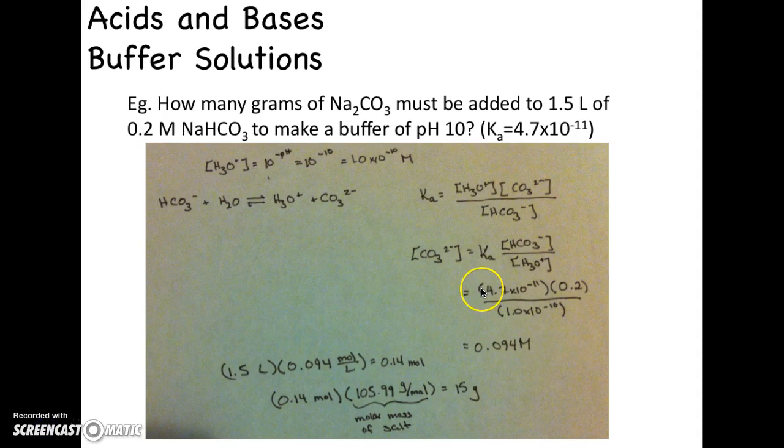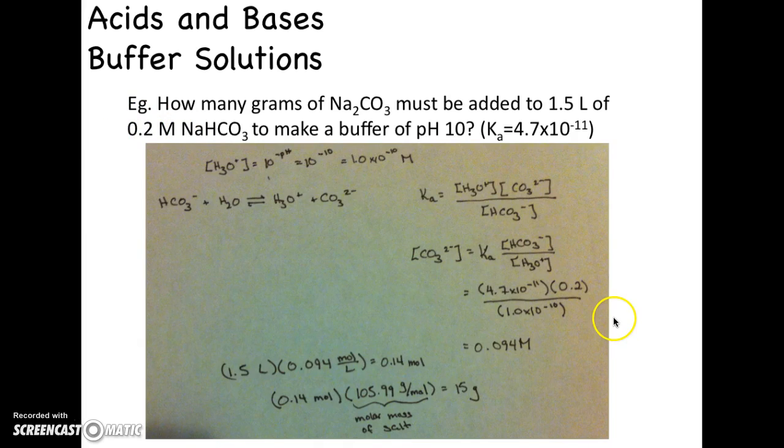How much of our conjugate salt needs to be added to solution? We're really concerned about what the concentration of that species needs to be. So you can pull it out and rearrange the equation, and then fill in the information that you have. You're given what the Ka is, you can plug that in. You know what the initial concentration of the HCO3 negative is. That's given again in the question.